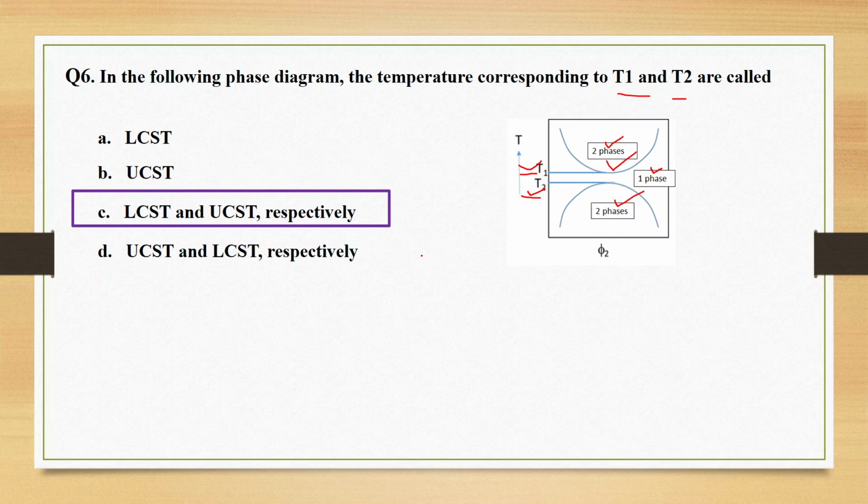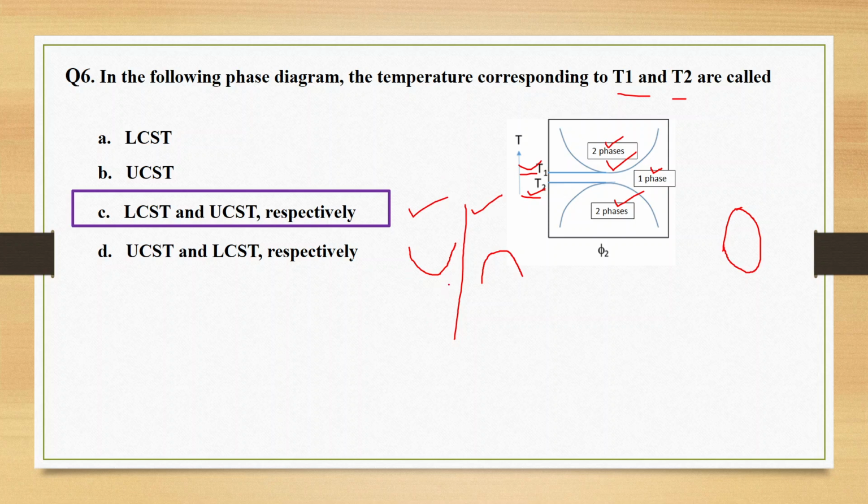In one case we get a curve like this, and in another case we get a curve like this, and when we mix these two we get something like this. So mainly there are only these types of options.